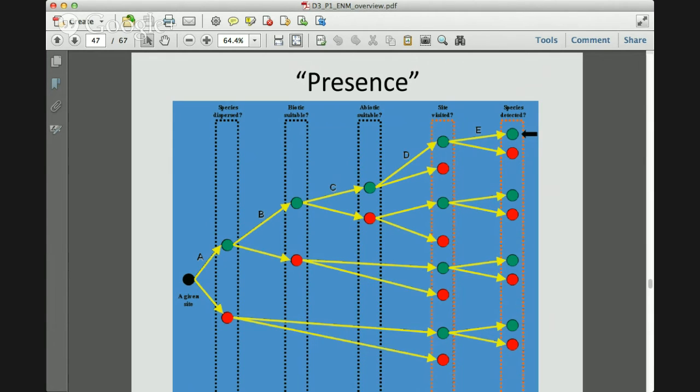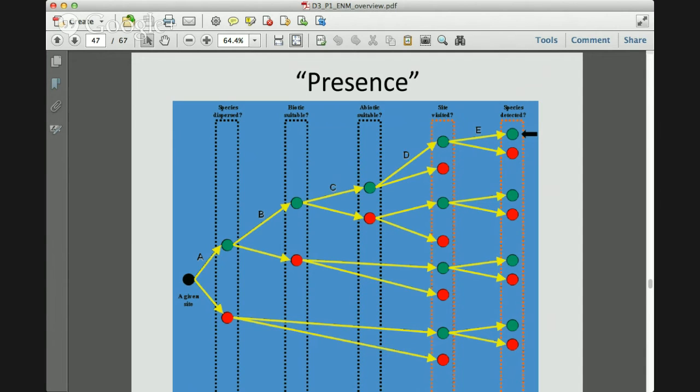But then we have to ask, was the site ever visited by a researcher? Was the species detected? Sometimes the species is there, but it just doesn't get detected. And then we can add in others like, was the detection reported, and was that record shared?